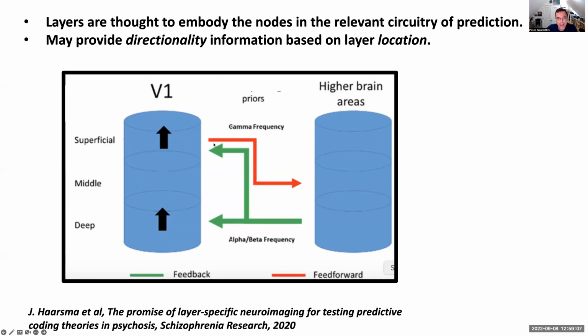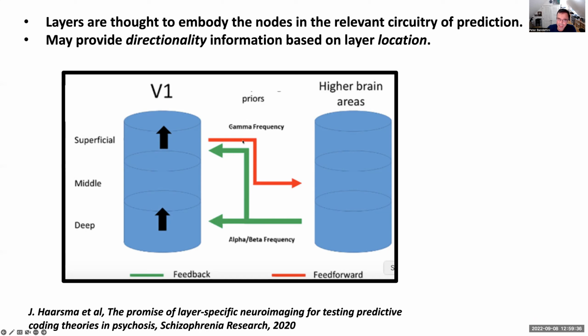For instance, if you have V1 speaking to higher brain areas, that will be feedforward information that usually terminates in layer 4 or somewhere in the middle. And when higher brain areas feed back information to V1 or other visual areas, it's typically across the superficial and deep layers.